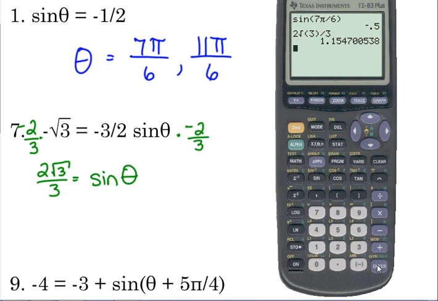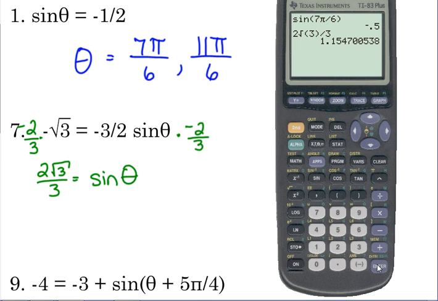Okay, that number is 1.155. Here's something you need to know about trig functions. The value of sine and cosine can never be bigger than +1 or less than -1. Just think about the unit circle. If we get all the way up to the top of the unit circle, the maximum right there is +1. We don't have any y values that get above +1. Or when we go down to the bottom, we don't have any y values that go less than -1.